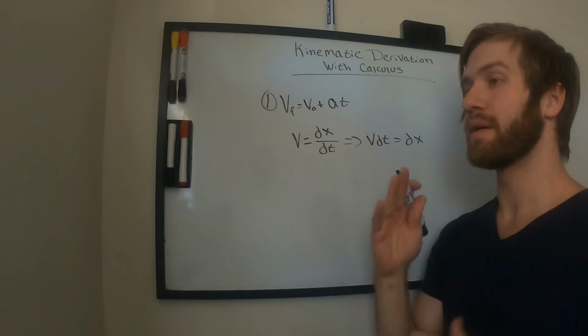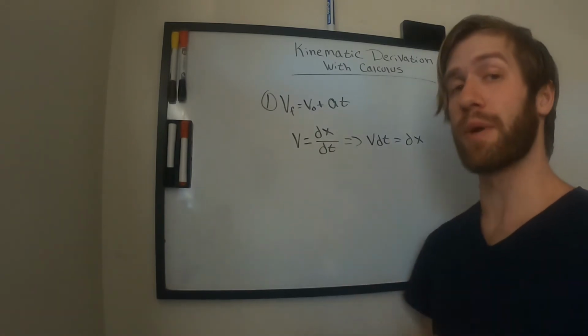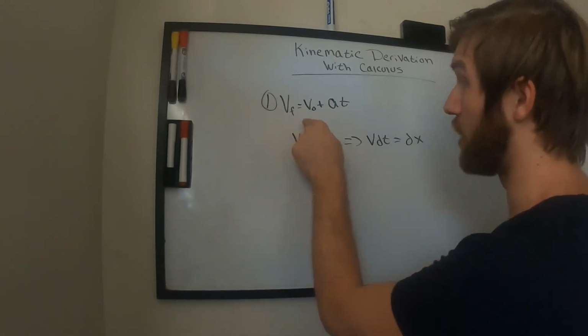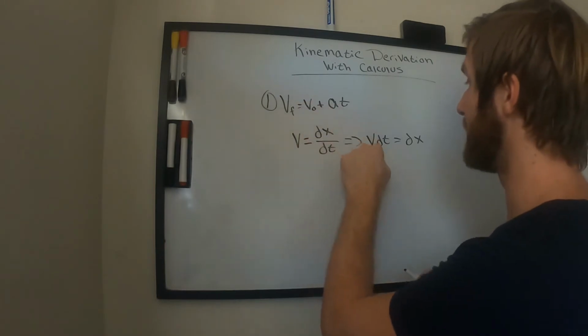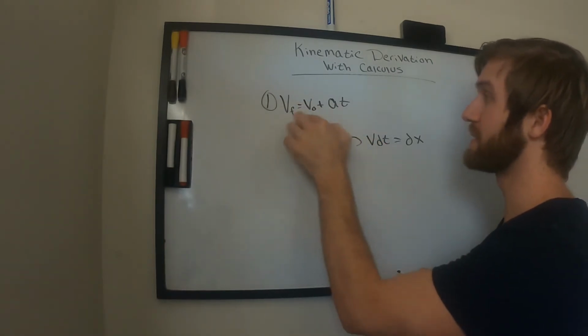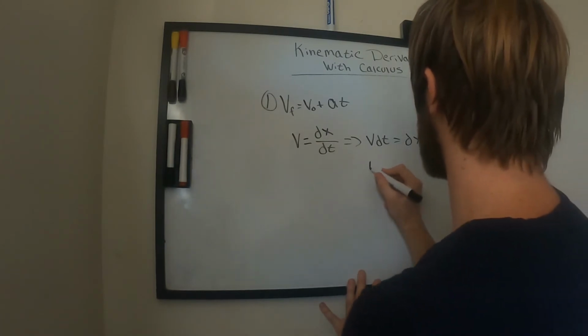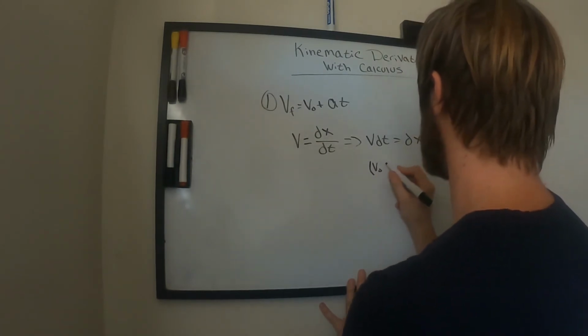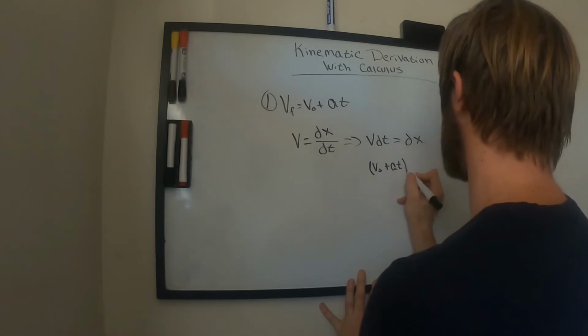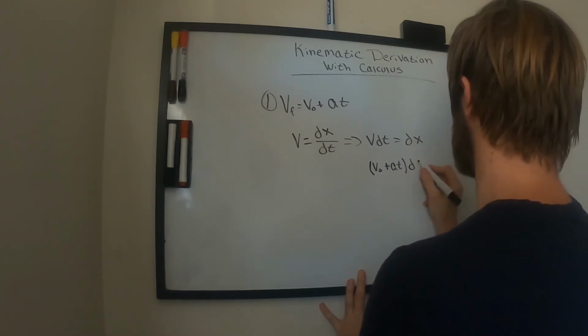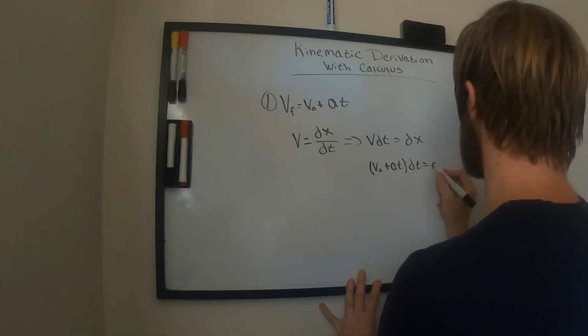Now at this point, we aren't going to integrate right away, but what we are going to do is plug this equation in for this v. So what do we have? We're going to have v initial plus at times dt is equal to dx.